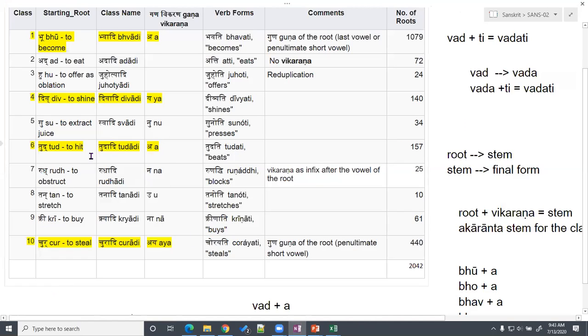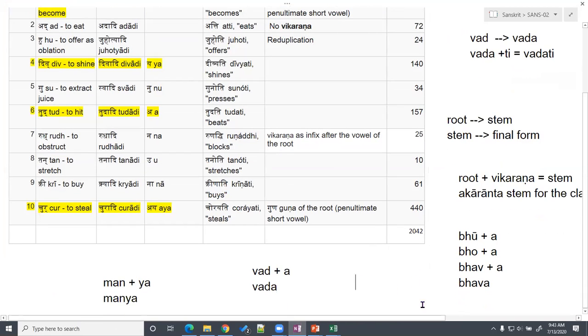Tud, the vikarana is akara, and again there is no guna here. So if I have to do tud, tud plus a, and it becomes tuda. So tudati, tudataha, tudanti, like that.